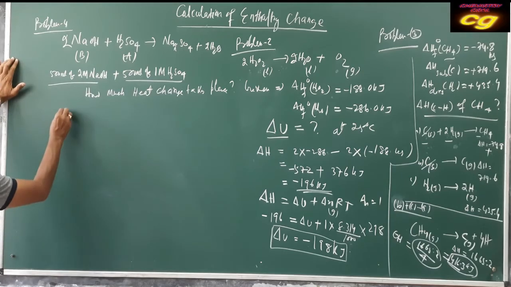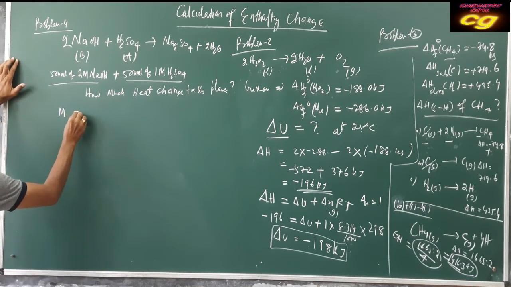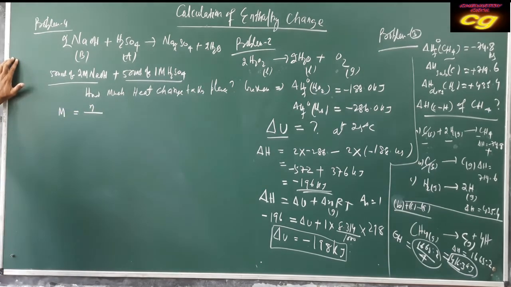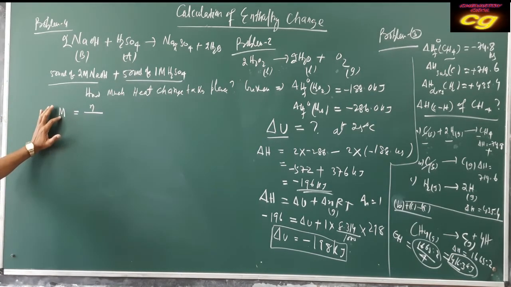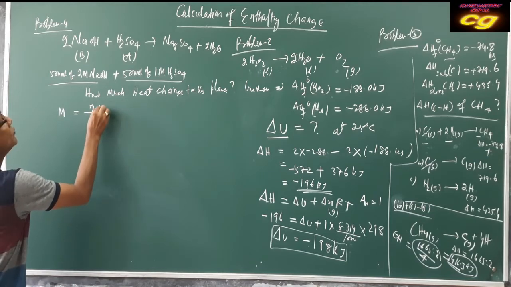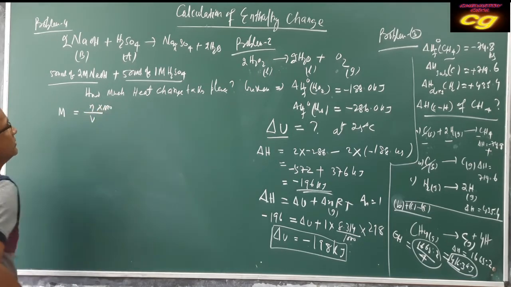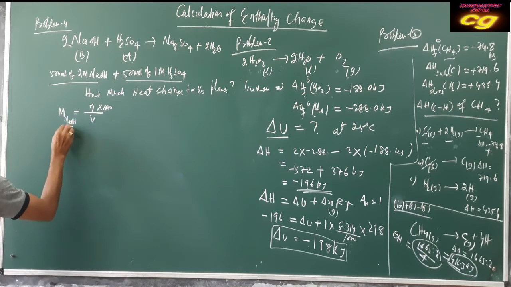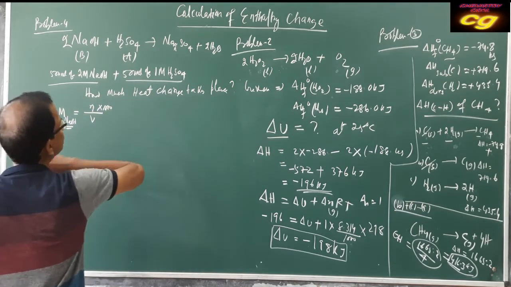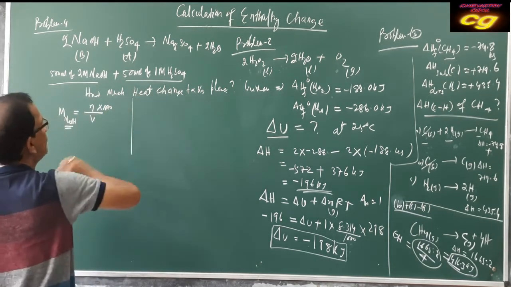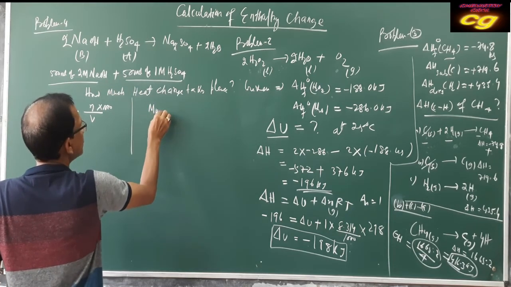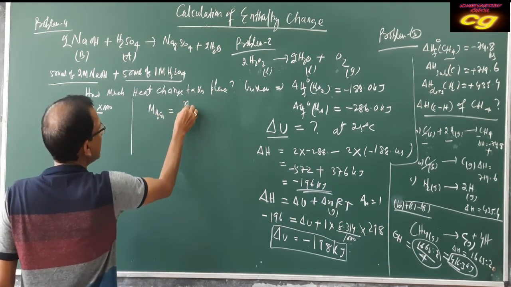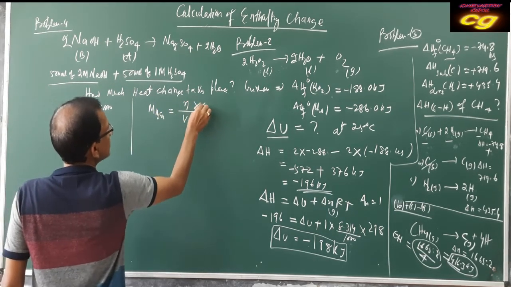We know the formula. Molarity, capital M, is equal to N into V into 1000. This is for NaOH. Similarly for sulfuric acid, M formula will be N into V into 1000.